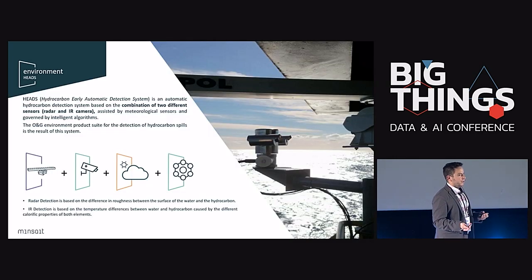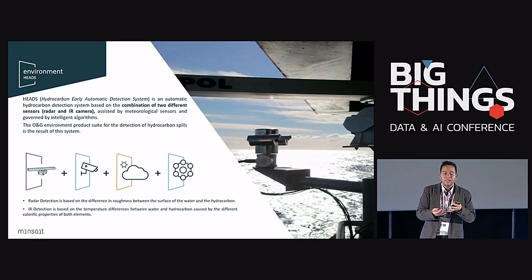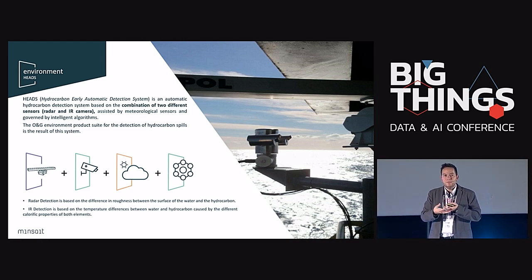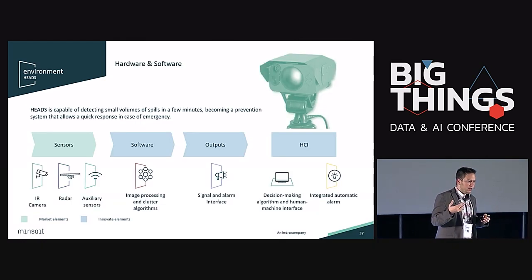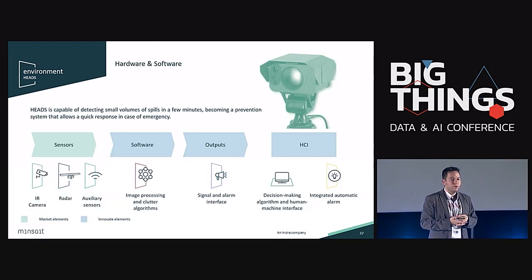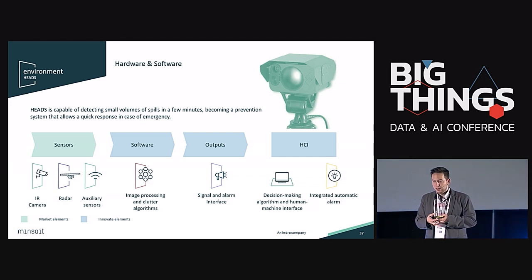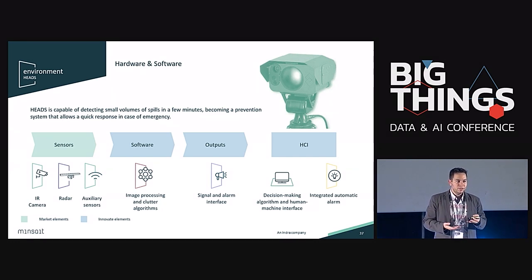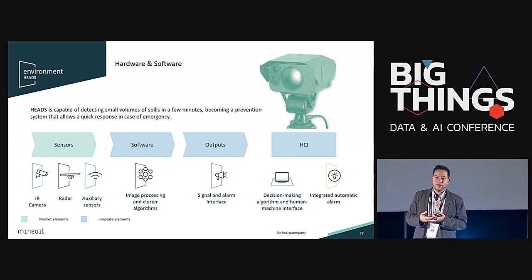I talked before about petrol spill control. What we get here is a combination of different inputs to generate a correct image. If you think about a petrol spill, you will realize that it probably will not have the same temperature as the sea. But it's true that at some points in the sea you also have different temperatures, so you need to incorporate more than one input.